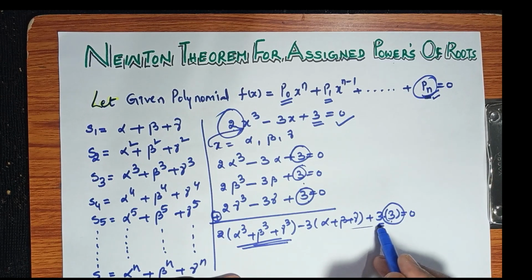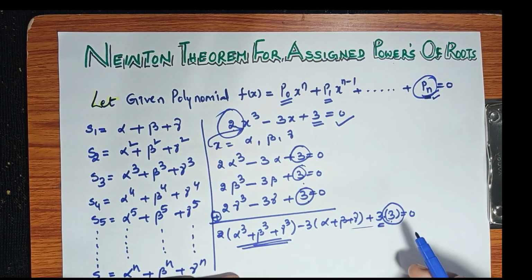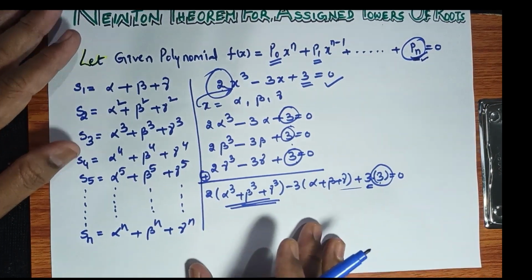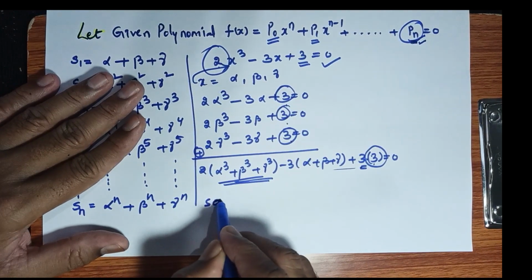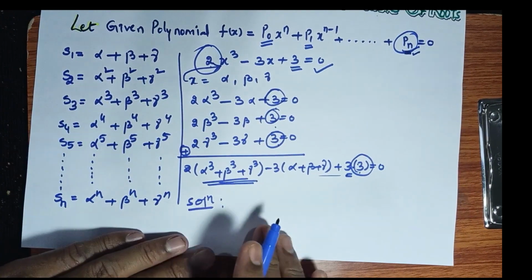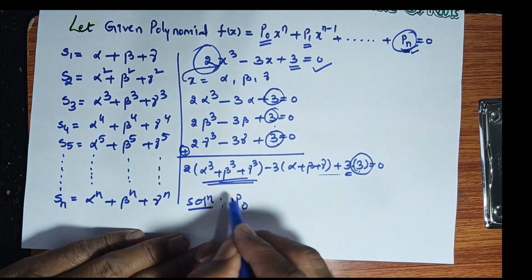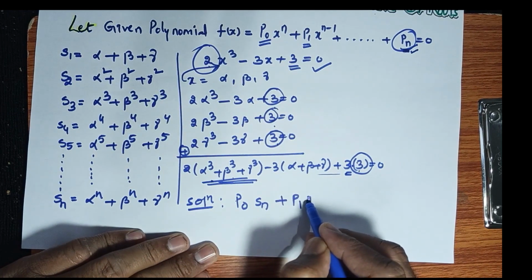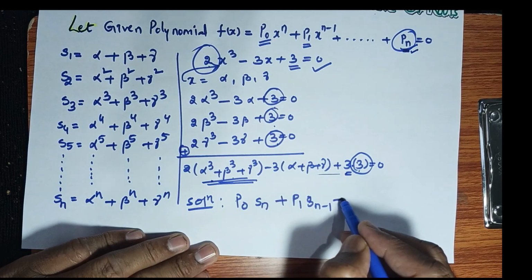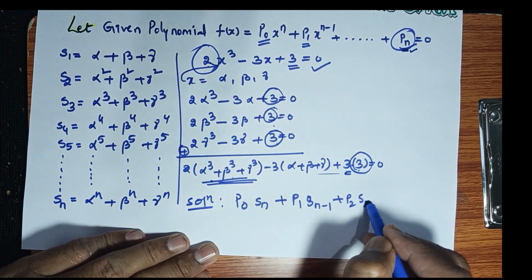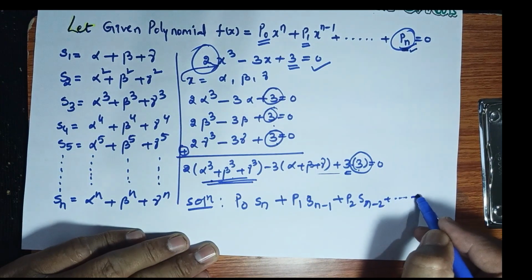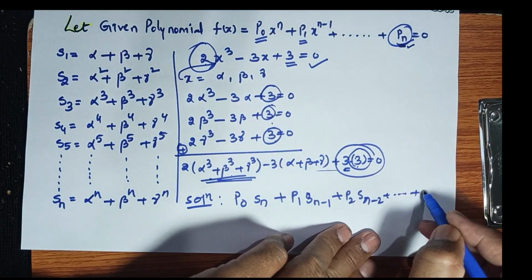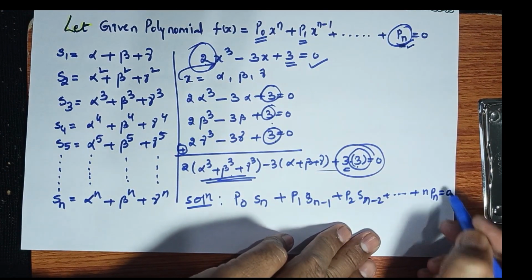To find this type of sum, Newton has given the solution by using this: P naught Sn plus P1 Sn minus 1 plus P2 Sn minus 2, and so on, up to Pn multiplied n times, meaning n into Pn, is equal to 0.